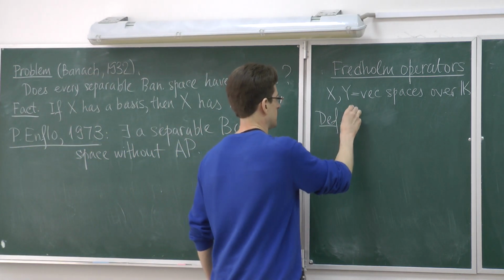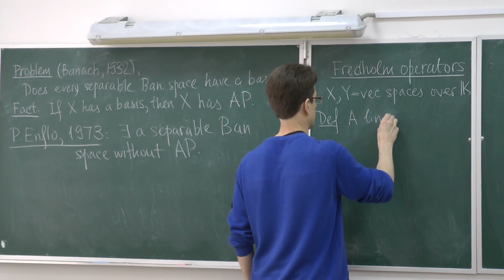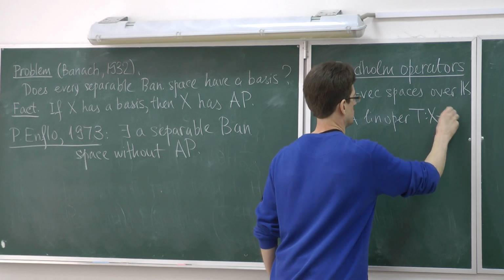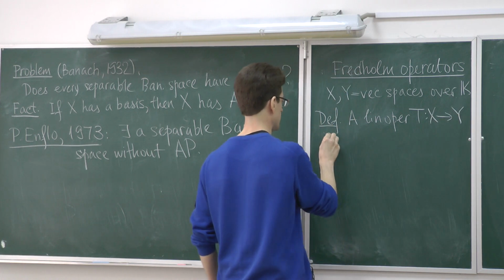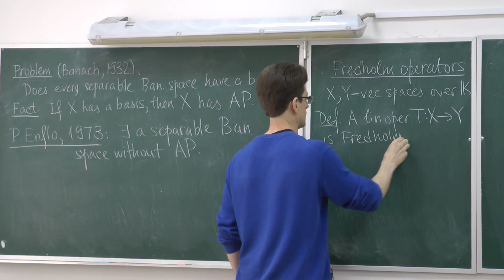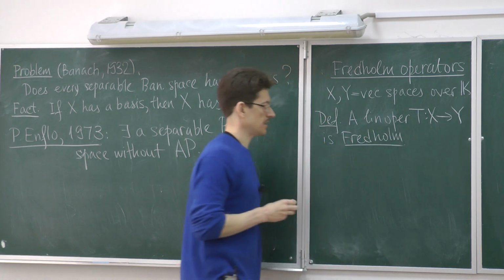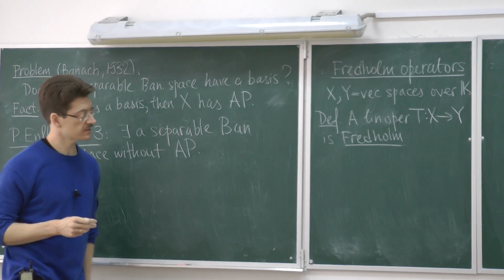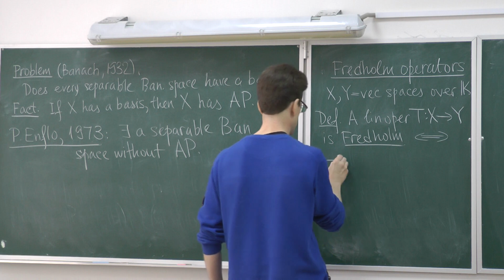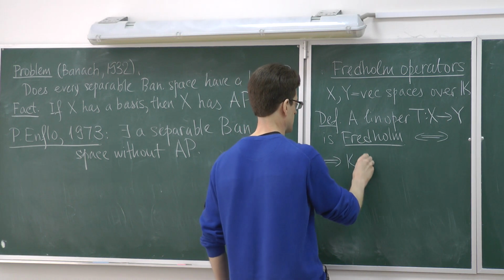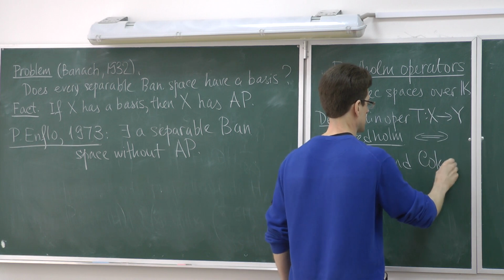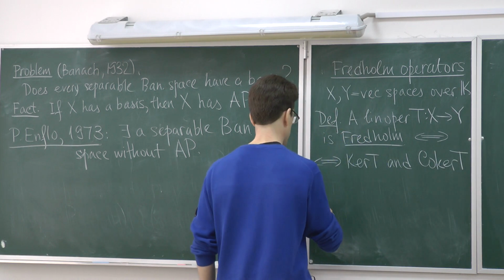We say that a linear operator T from X to Y is Fredholm (in Russian we say Fredholmov operator) if the kernel of T and the cokernel of T are finite dimensional.